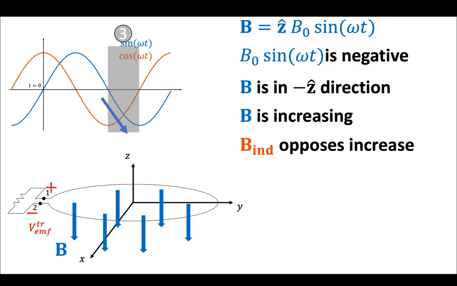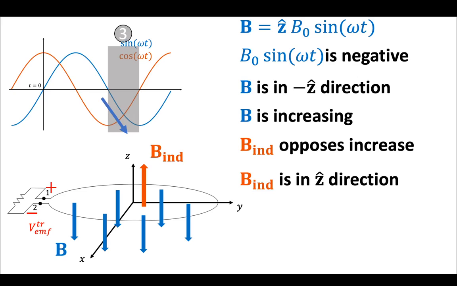Now, the induced magnetic field will always oppose any change. And so because the magnetic field is pointed in the minus z direction and getting bigger in the minus z direction, B induced will oppose that change by pointing up in the positive z direction. So the induced magnetic field is in the positive z direction to oppose B getting larger in the negative z direction.